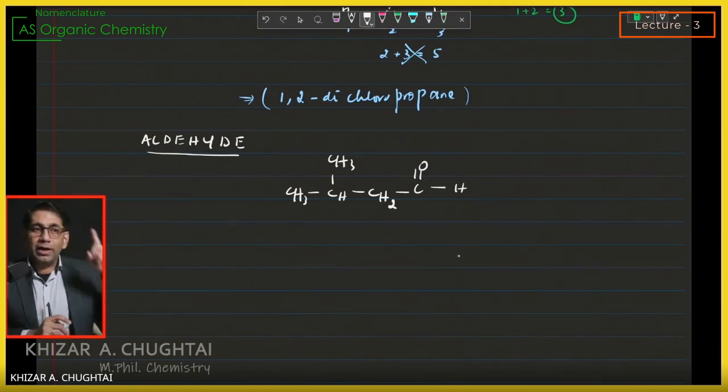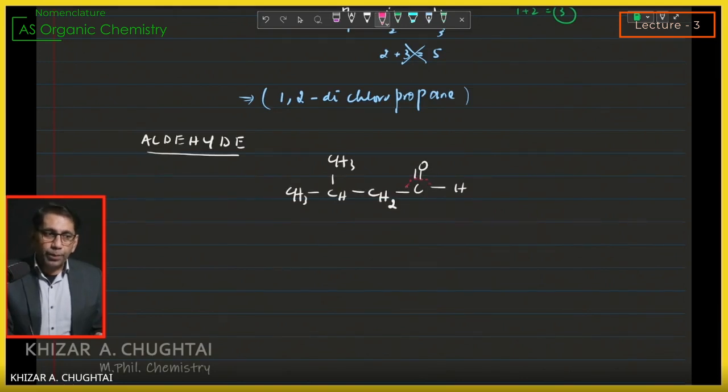First of all, select the longest chain of carbon atoms. Continuous carbons, and the functional group carbon must be part of the longest chain.